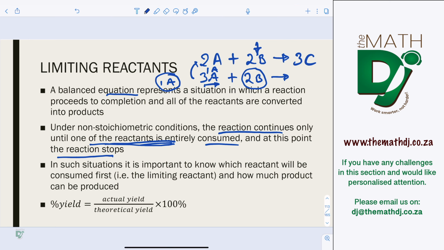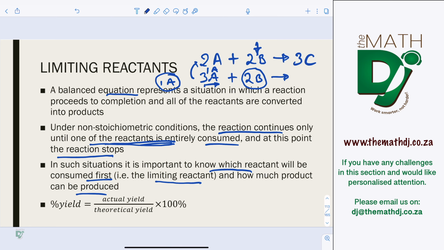So if they say find the limiting reactant, that's how you do it. You identify the reactant that will be consumed first. In such a situation, it is important to know which reactant will be consumed first, i.e., the limiting reactant, and how much product can be produced.